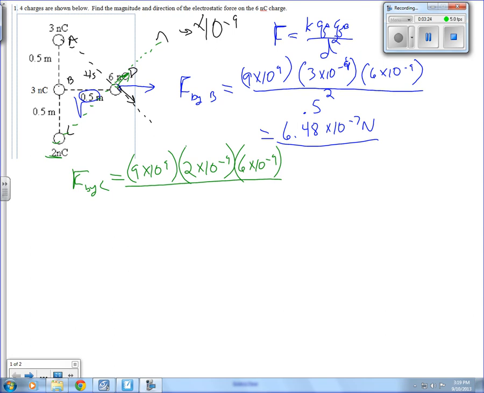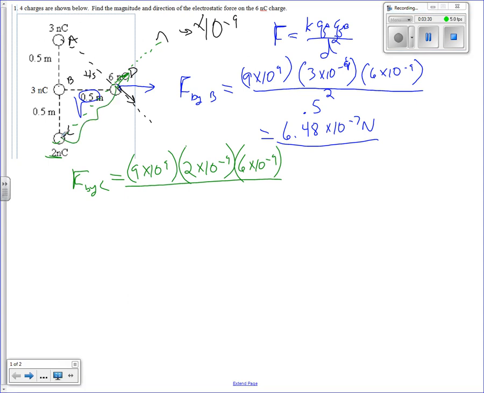Now, as I start this part, we don't know the value of our distance from here to here. So the question is, how do you find it? Well, we can use our simple geometry lessons, because we know that this is 0.5 and that's 0.5, and it's a right triangle. So we can use a squared plus b squared equals c squared to find our distance here.